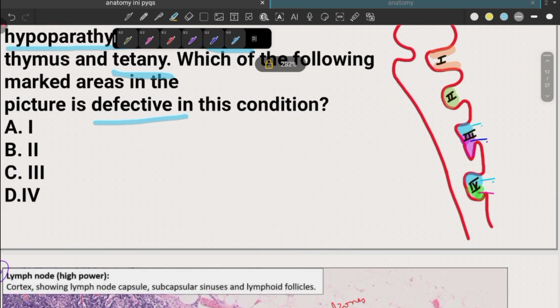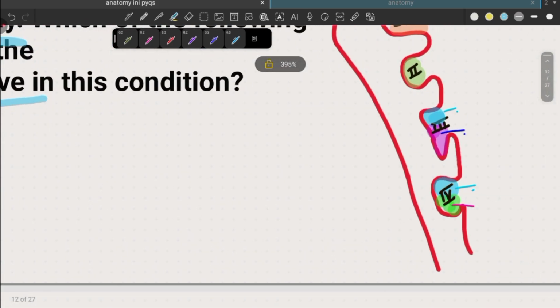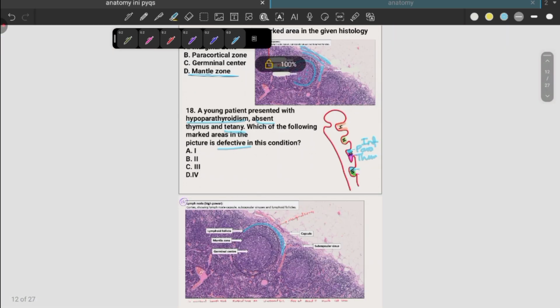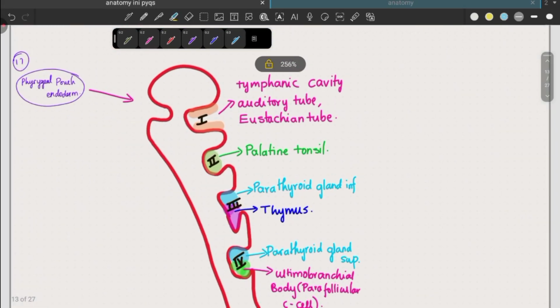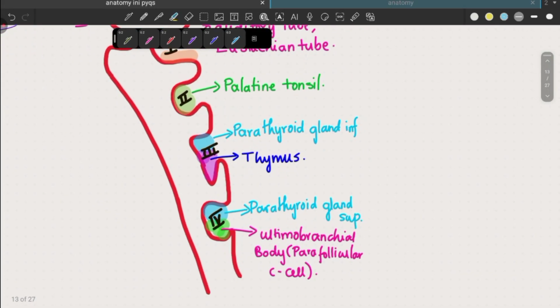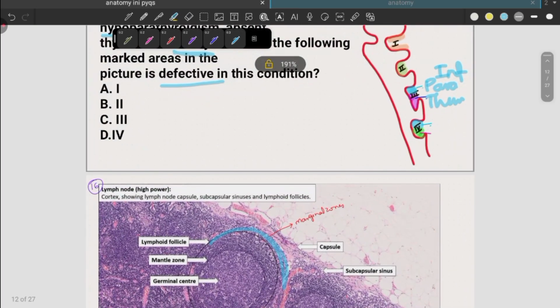So here the upper one is the parathyroid, the inferior parathyroid, whereas the down pink color is the thymus. If this third pouch is missing, then hypoparathyroidism and absent thymus will be there. This is mainly in DiGeorge syndrome.